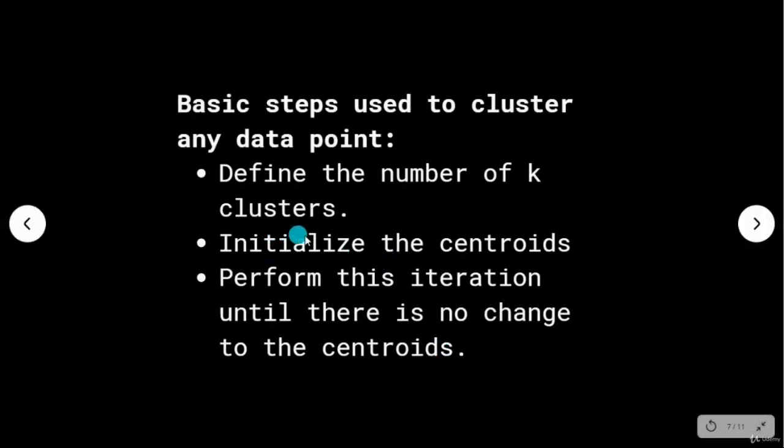The basic steps used to cluster any data are as follows. At first, define the number of K clusters. Secondly, initialize the centroids by randomly selecting K data points for clustering. Third, perform this iteration until there is no change to the centroids.